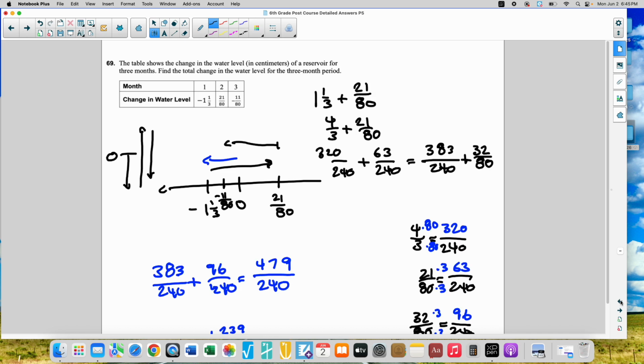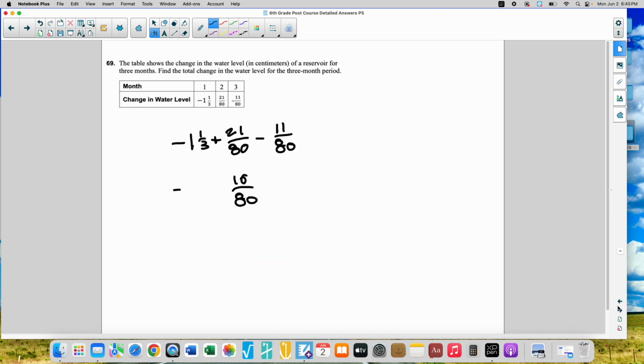3,200 over 240 plus 10, so 320 over 240. Let's make this 2/40. So that's times 3, and we get negative 280 over 240.